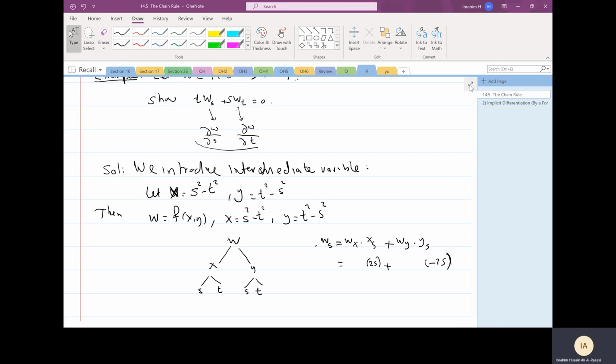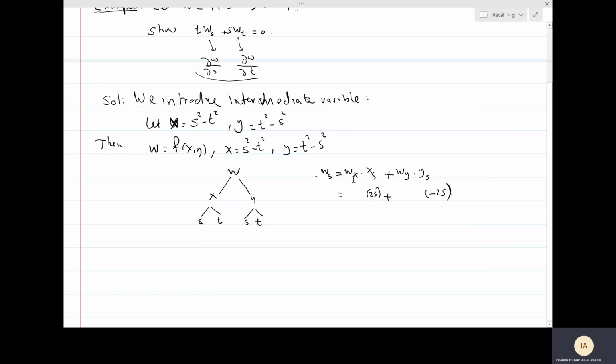Now, what about W sub X? What is the derivative of W with respect to X? I have W equals f of (X, Y), but I don't know the formula for f. What is the function of X and Y? I don't know.